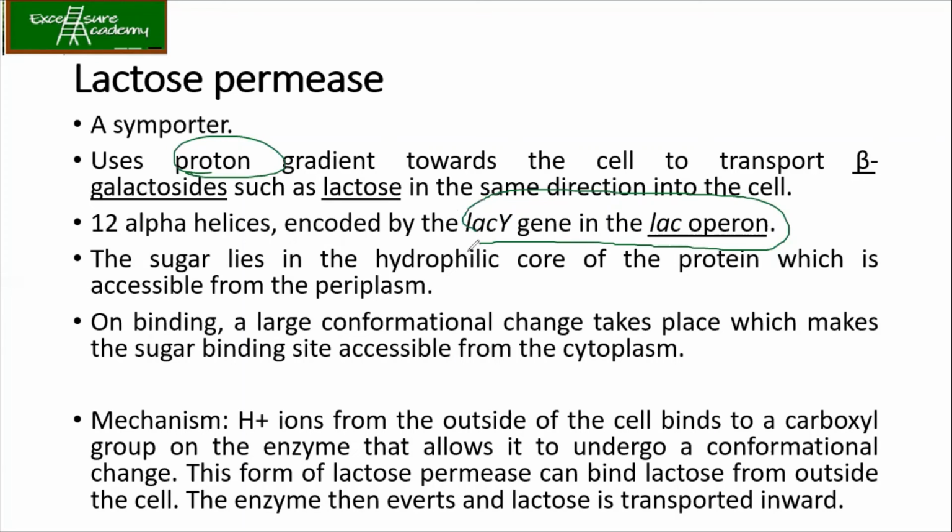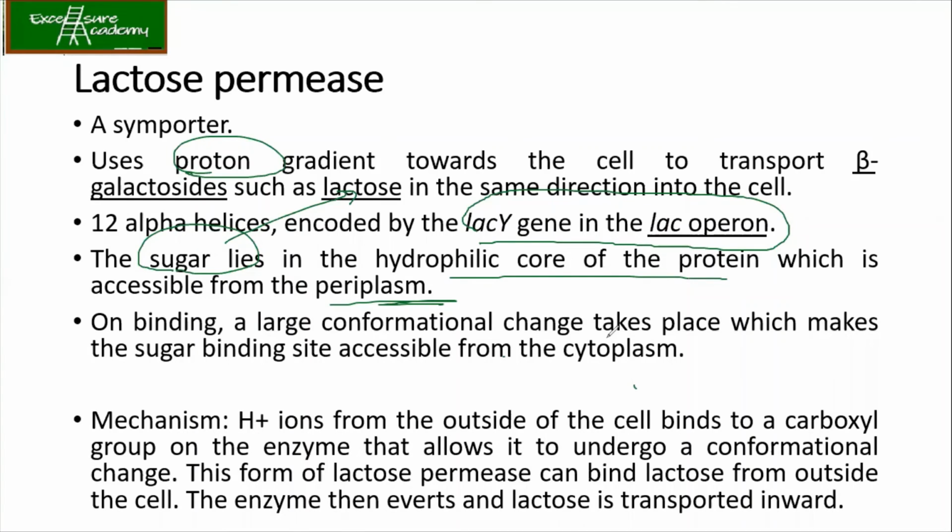Now the sugar lies in the hydrophilic core of the protein, which is accessible from the periplasm. So कौन से sugar की बात कर रहे हैं हम लोग यहाँ पे? Lactose की बात कर रहे हैं, ठीक है? Which is present in the hydrophilic core of the protein, which is accessible from the periplasm. Now, on binding, there is a conformational change, which will make the sugar binding site accessible from the cytoplasm. I'll show you the structure and it will be more clear.